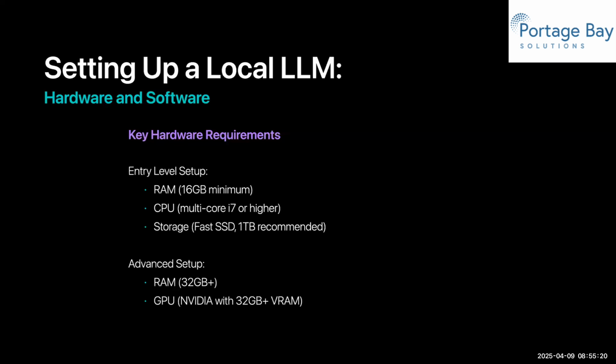And if you're using an M-series Macintosh, you want to have plenty of RAM for that chip as well. As an example, the 70 billion parameter Llama 3 requires 32 to 64 gigabytes of RAM to run efficiently.